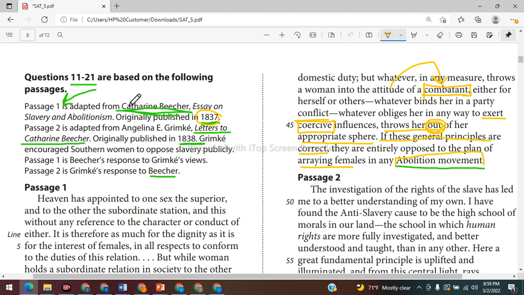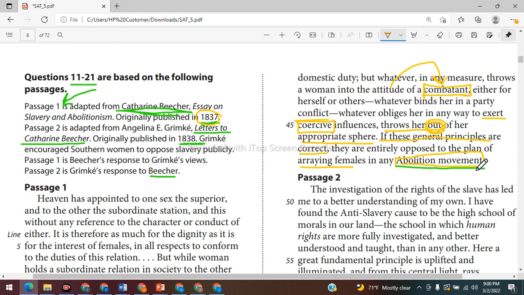They could parade and do the whole public sphere thing. But women have to operate within the home circle and the social circle. They have to use kindness, gentleness, and meekness. So they cannot be involved in any abolition movement that involves parading around the streets for freedom.